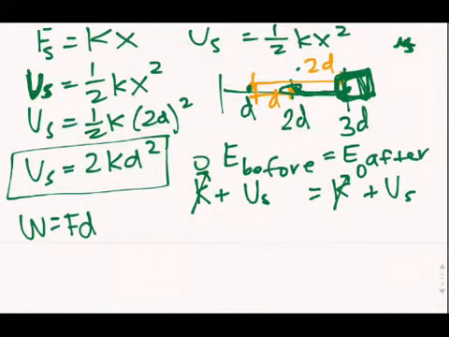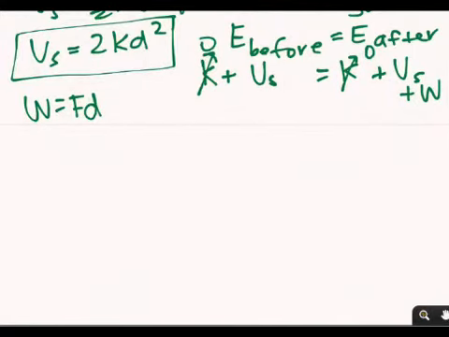So you can either subtract it from the left side, the beginning side, or you can add it to the product side. It doesn't matter, it's just whichever one makes more sense to you. So that's the thinking that needs to happen as we set up a conservation of energy. Thinking about all the energy that's possible beforehand and all the energy that's possible afterwards.